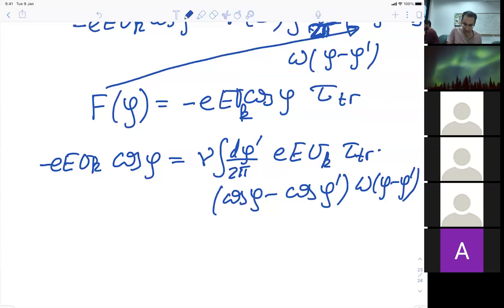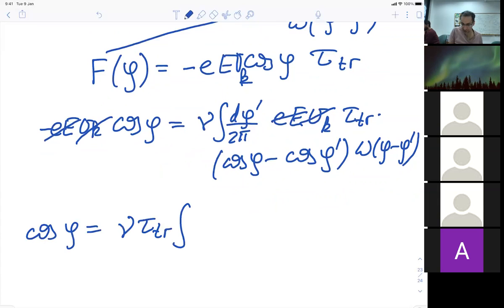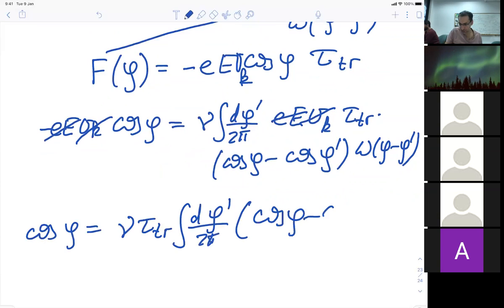And now we can cancel E E and V. And I'm having the equation cosine phi is equal to nu tau transport times the integral over d phi prime over 2 pi of cosine phi minus cosine phi prime times w of phi minus phi prime.